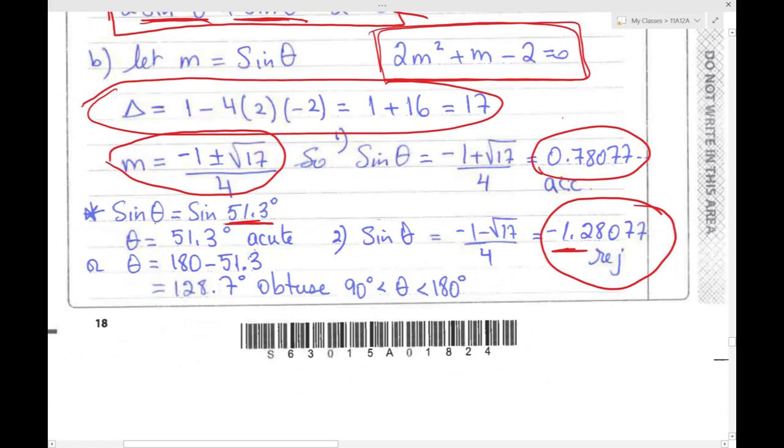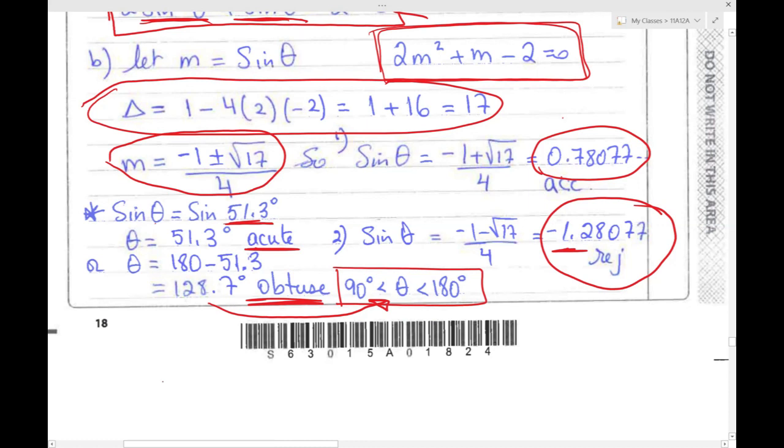So you have to specify that this is an acute angle and this is an obtuse angle. Why is that? Because you need to check, does it belong to the interval they gave us? So 180 minus the angle is equal to 128.7 degrees.